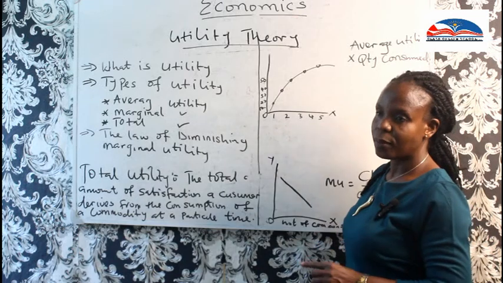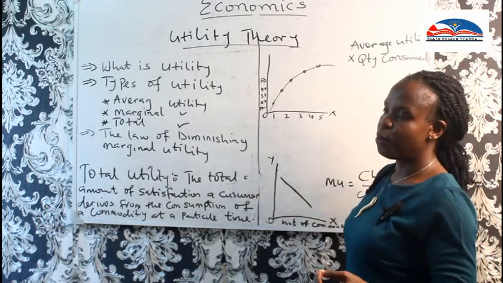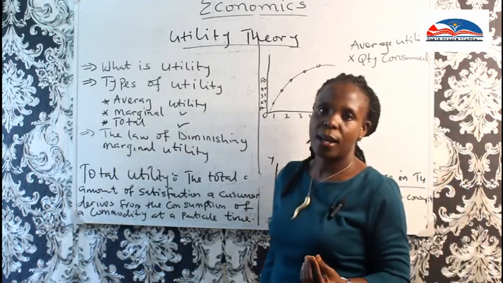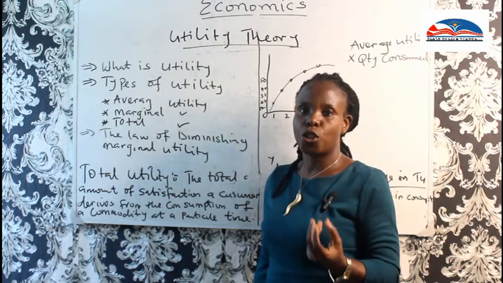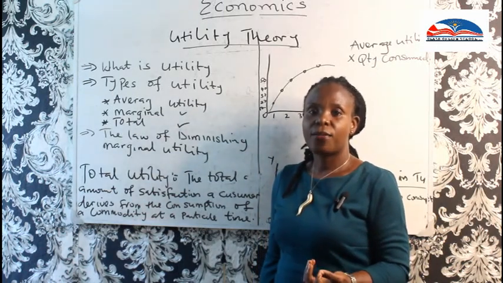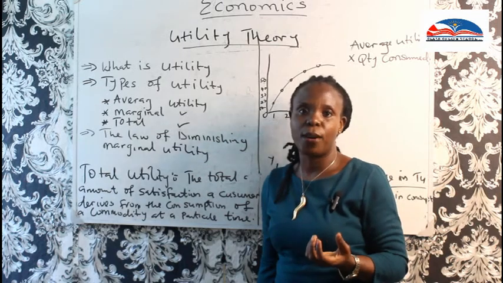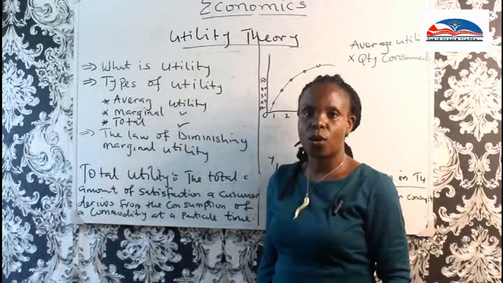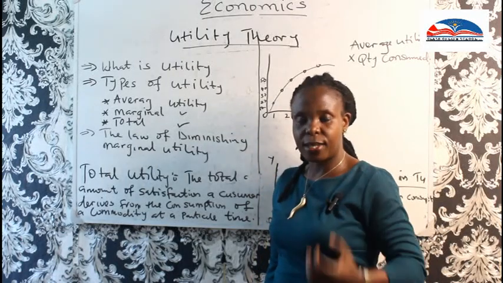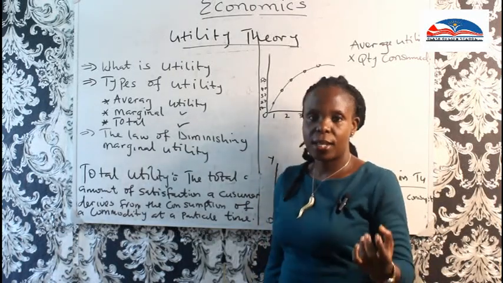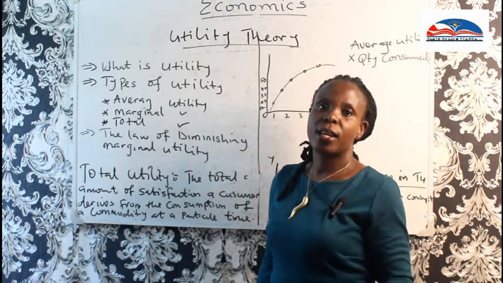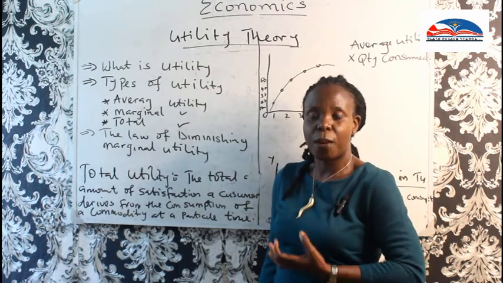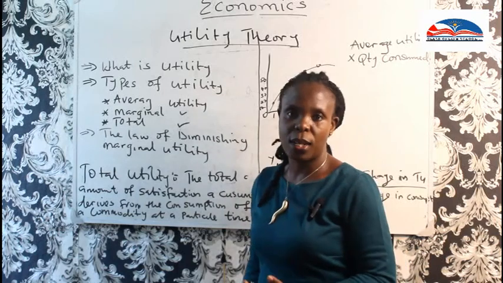Let's say, for example, a consumer takes a bar of chocolate. After he takes that first bar of chocolate, he gets satisfaction. He buys a second bar of chocolate and a third bar of chocolate. Let's say the first bar gives him 10 utility. That's the happiness he feels consuming it.